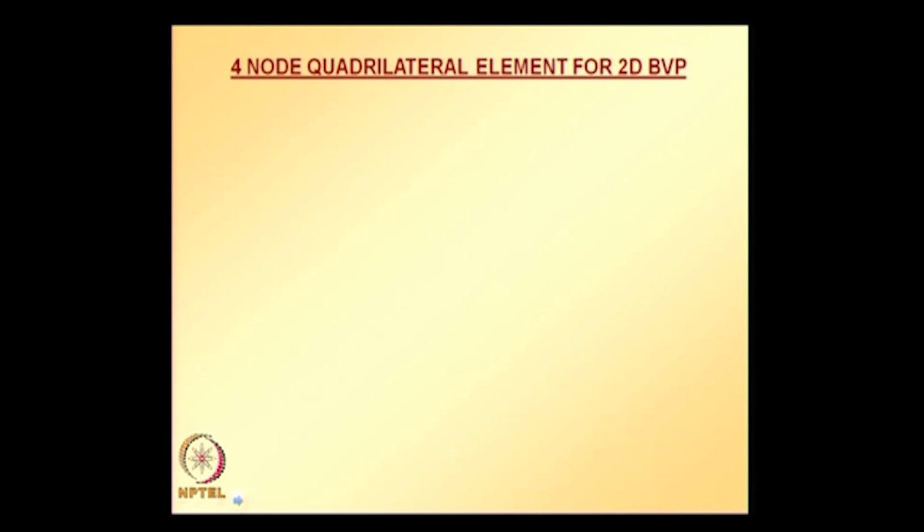Using isoparametric mapping and the procedure used for the triangular element, it is straightforward to develop finite element equations for any element. We are going to develop the equations for the 4 node quadrilateral element for a general 2 dimensional boundary value problem.